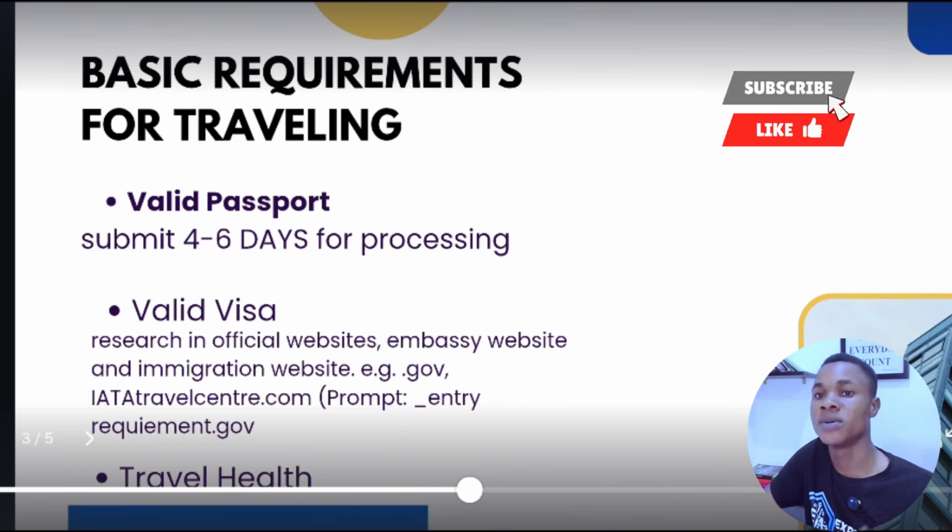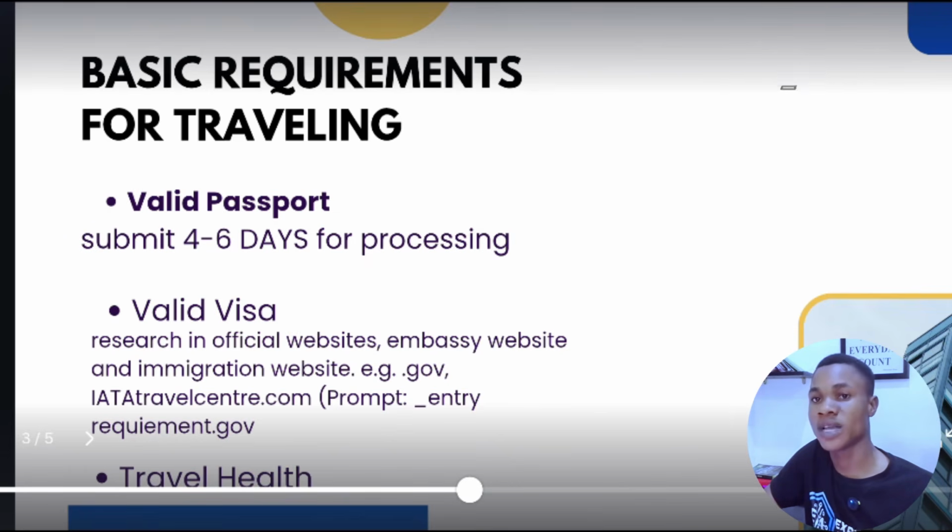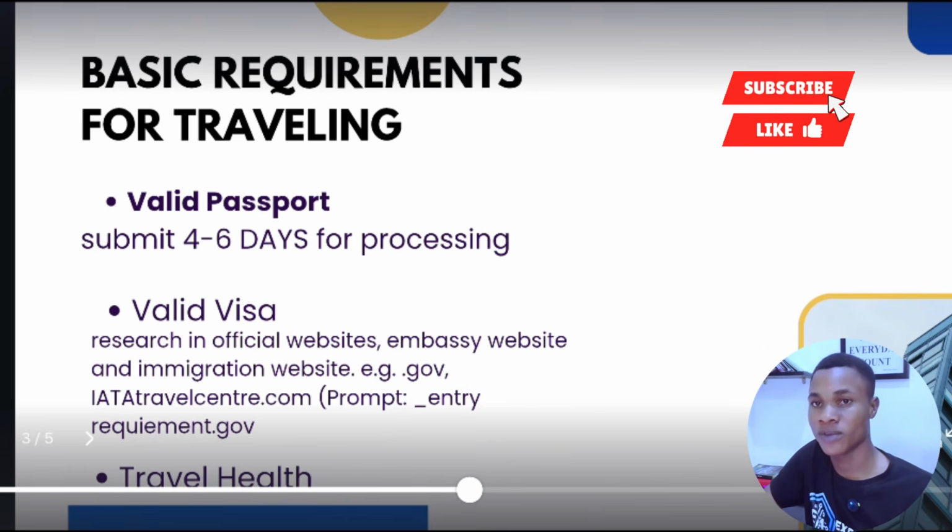Let's say he likes British Airways, so you go to the British Airways website and submit all of this information. There are avenues to do all of this. And then of course you need to get your visa, and you submit it for 4 to 6 days for processing. And then the next thing he needs is a valid visa, sorry.